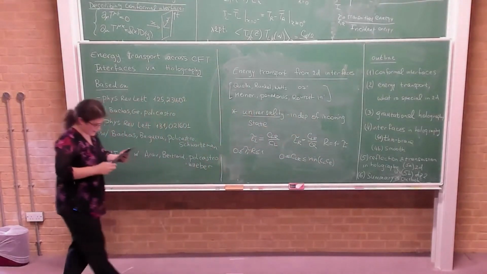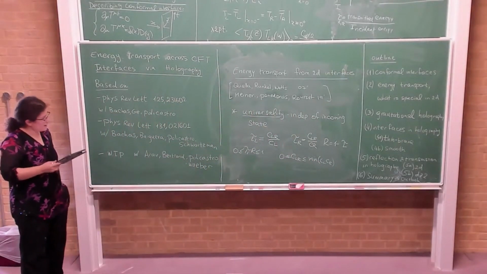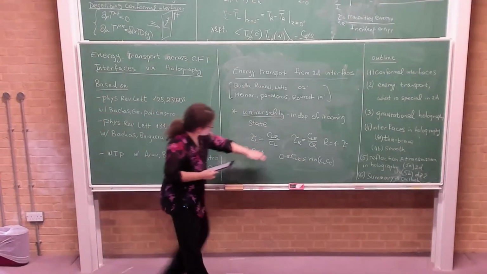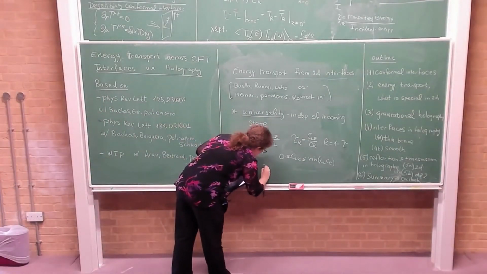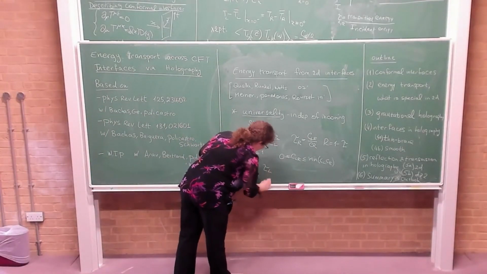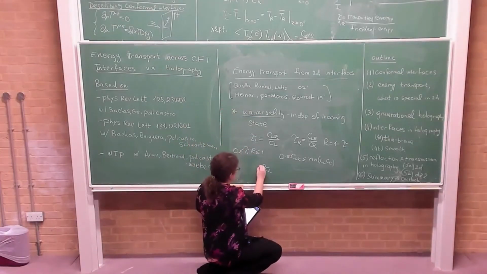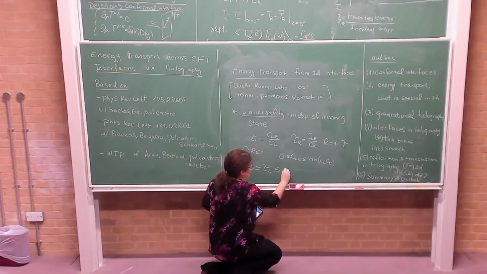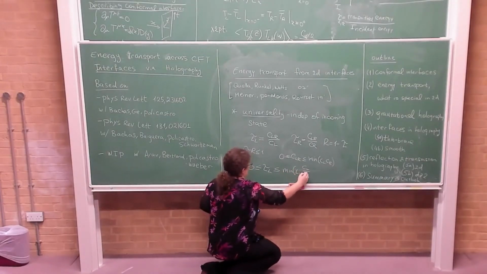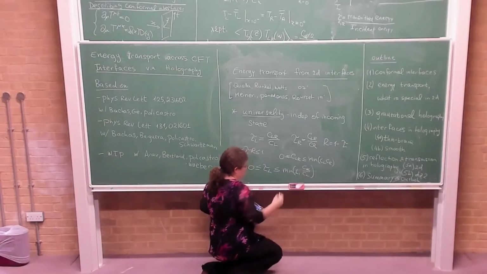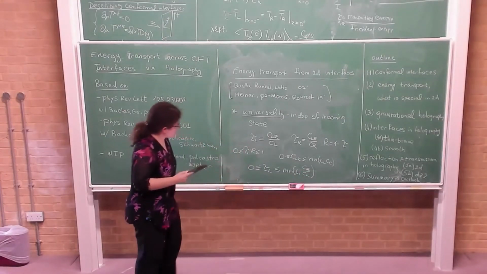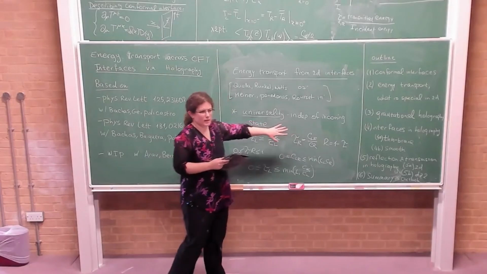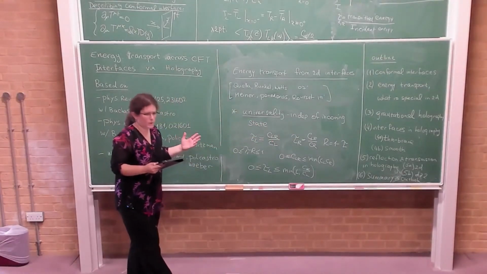So plugging this back in then tells you that the transmission, let's say from the left or from the right, doesn't matter, has to be between 0, which is full reflection, and the minimum of 1 and C left over C right, or C right over C left. Which has a nice interpretation if we think of C left and C right as the number of degrees of freedom.